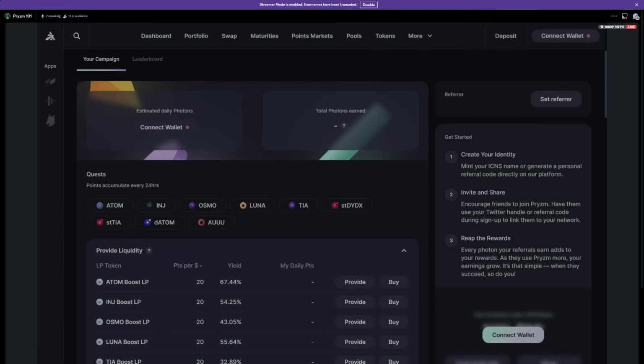So with that, we had another question: do other protocols and projects airdrop to liquid stake token holders, to liquidity providers?